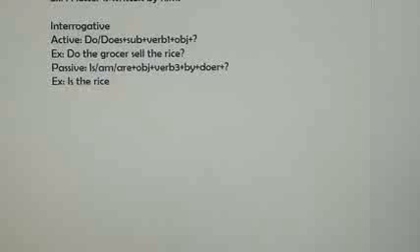The third form of sell will be sold by, and the doer will be who? The grocer. Okay, my dear children, over here the first form of simple present tense comes over.